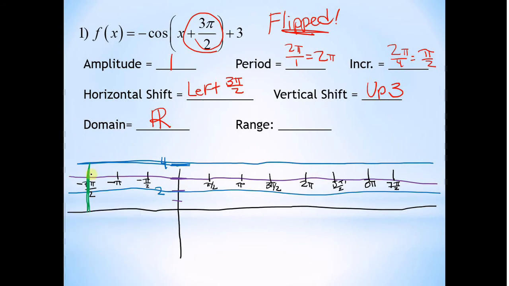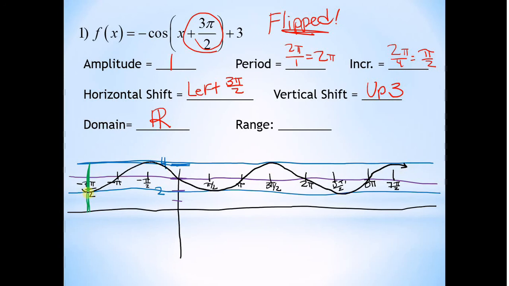So I'm going to do cosine, remember, flipped. So I'm going to start at my lowest amplitude, start there, go up, and then go down, bounce, bounce, bounce, go through, and then bounce.